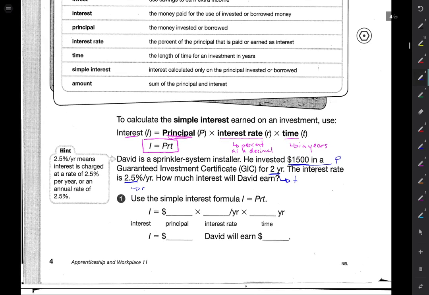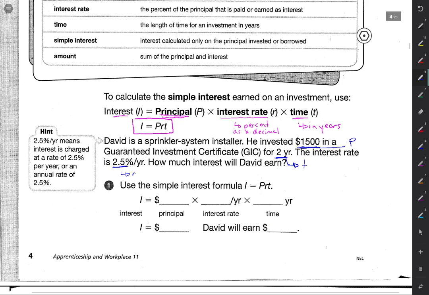So let's use that formula we just looked at to calculate how much David will earn. So we have I is equal to PRT. So let's plug in our principal amount. So we said the initial amount or the principal amount is 1,500. And we're going to multiply that by the rate as a decimal. So the rate is 2.5%, but as a decimal, that would be 0.025.